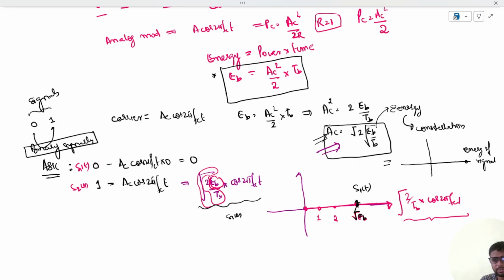So S1(t) can be represented as this, and the distance from the origin is root over Eb. And this is nothing but S2(t), which is 0.